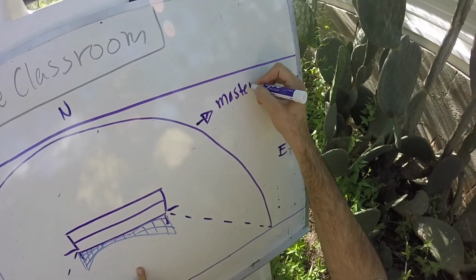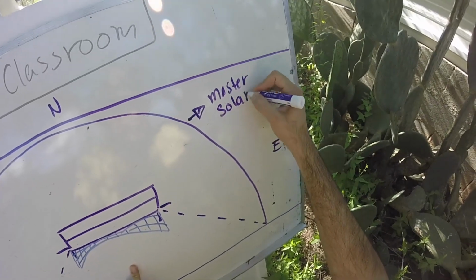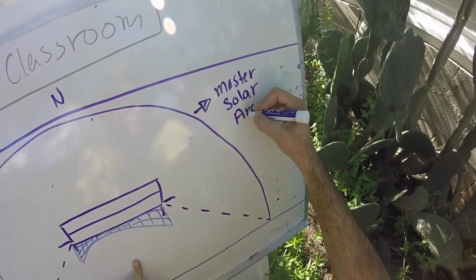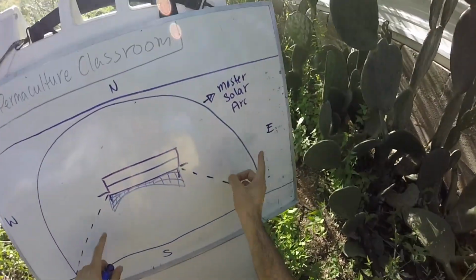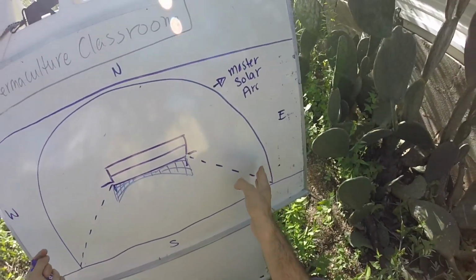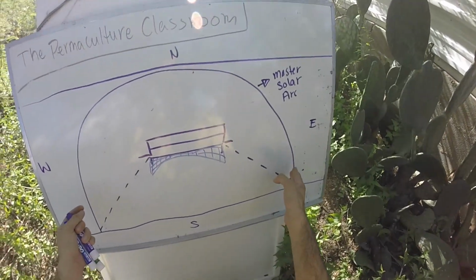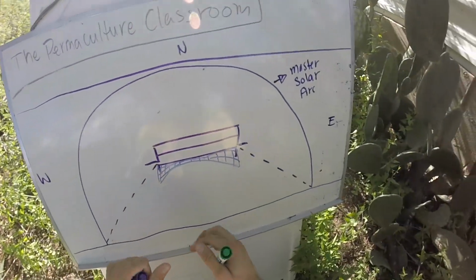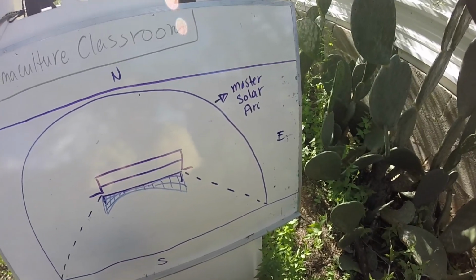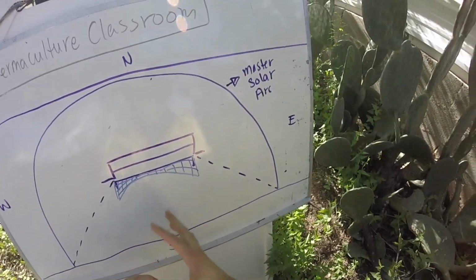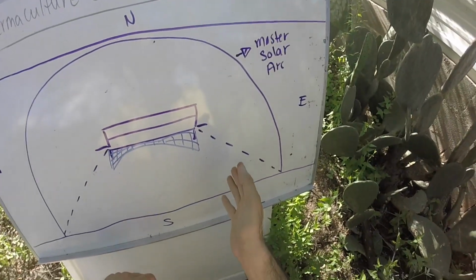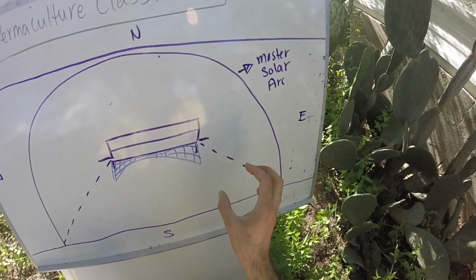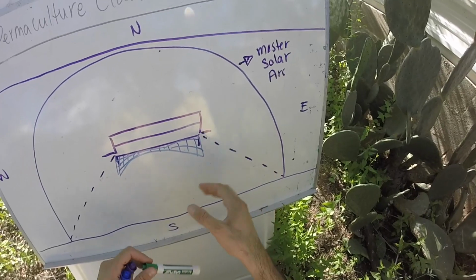We're going to put all of our tall tree layer trees and small tree layer trees in an arc in this fashion. And what this is going to do, it's going to automatically block the harsh summer sun and harvest the winter sun. And it makes it super easy to go into a site and design it in a way where you're working with nature.